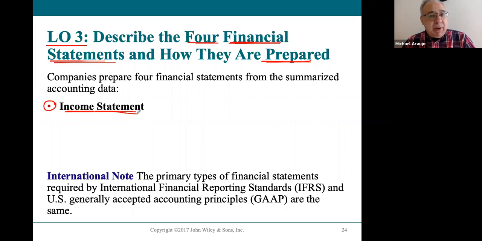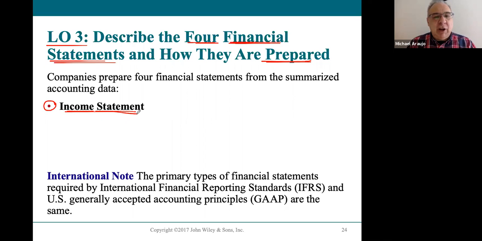But what else can happen to the profit of a company? Well, yes, most owners would like to keep it in the company, but sometimes they like to take a little bit of it out.